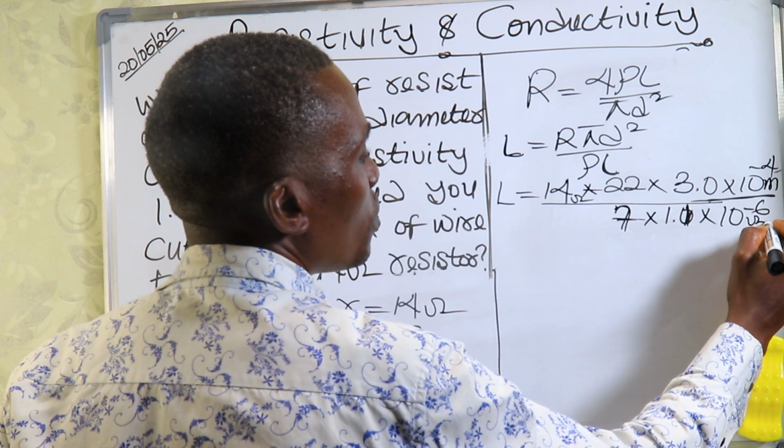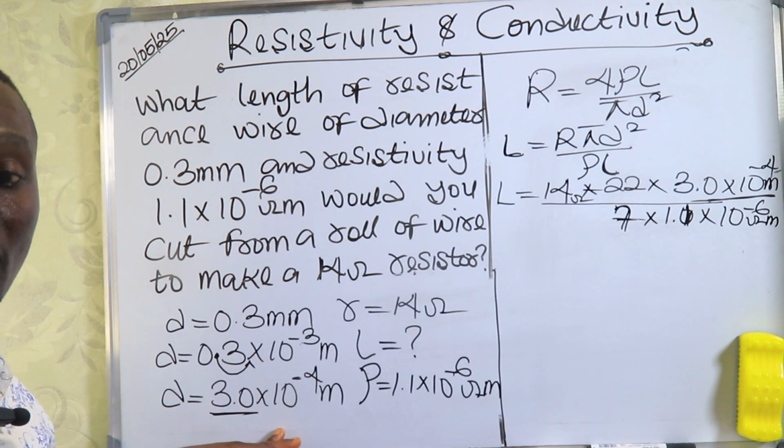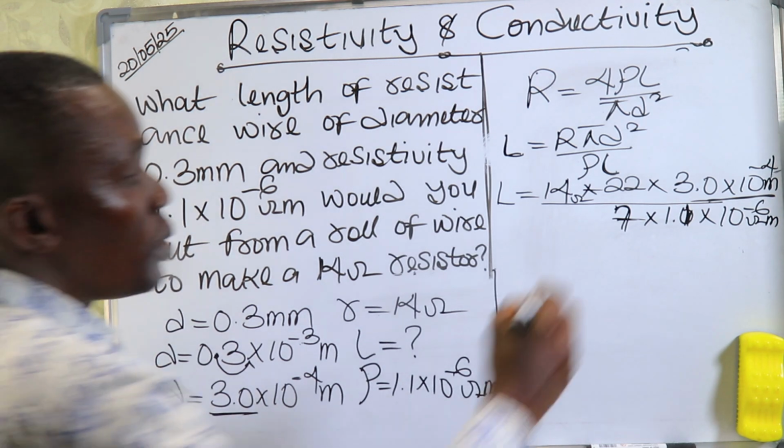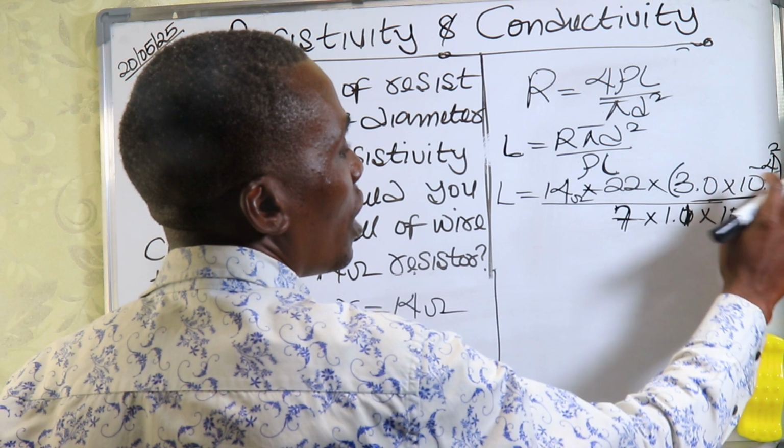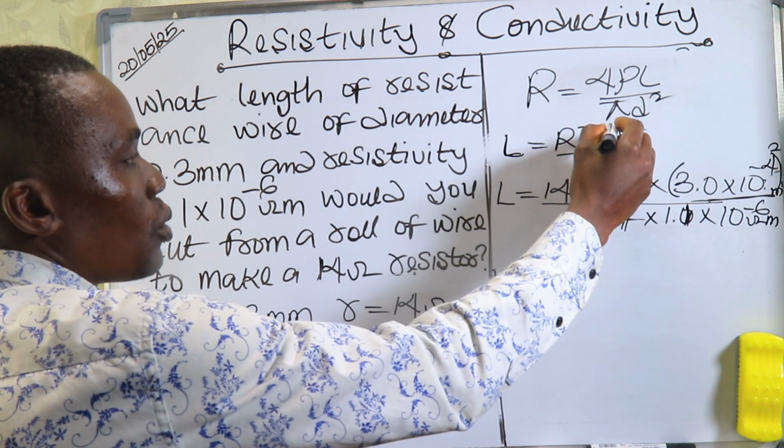Remember, this one is ohms and this one is ohms meter. The diameter is in meter and it is squared, so our unit here will be meter square.